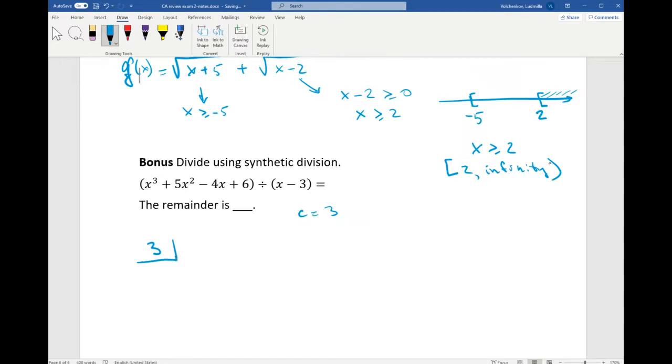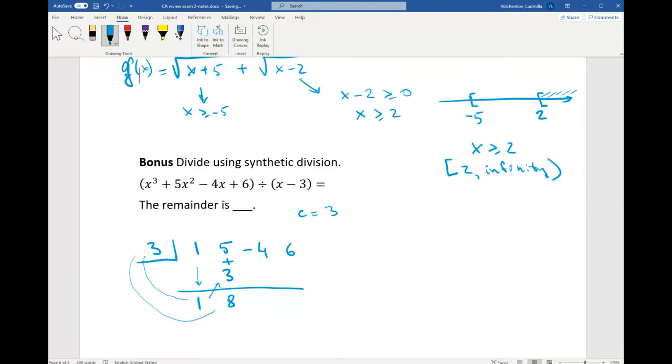Then we write the coefficients of the dividend: 1, 5, -4, +6. And then we have 3 lines here. First, we write 1 down in the bottom line, then we multiply it by 3 and write the product in the second line, 3. Then we add the numbers, 5 plus 3 is 8.